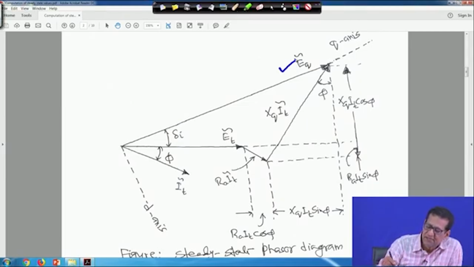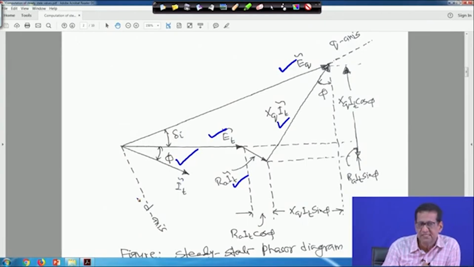Eq tilde is equal to Et tilde plus RAIT tilde plus jXQIT tilde, this we have seen, right. The current IT tilde lags Et tilde by angle phi, and this is my d axis, and the angle between q and d axis is 90 degrees, right.